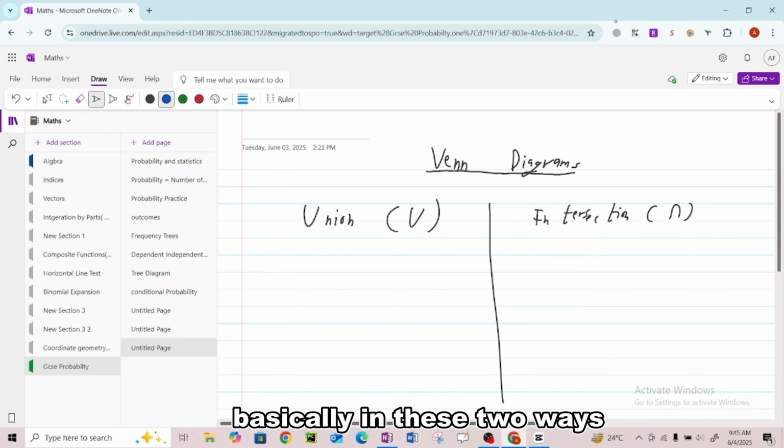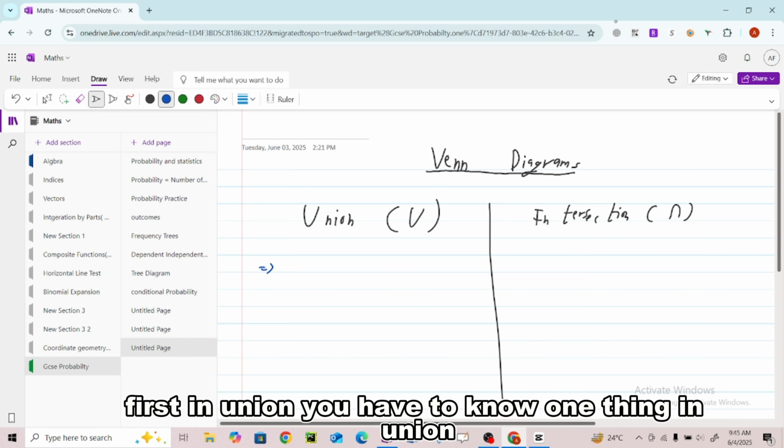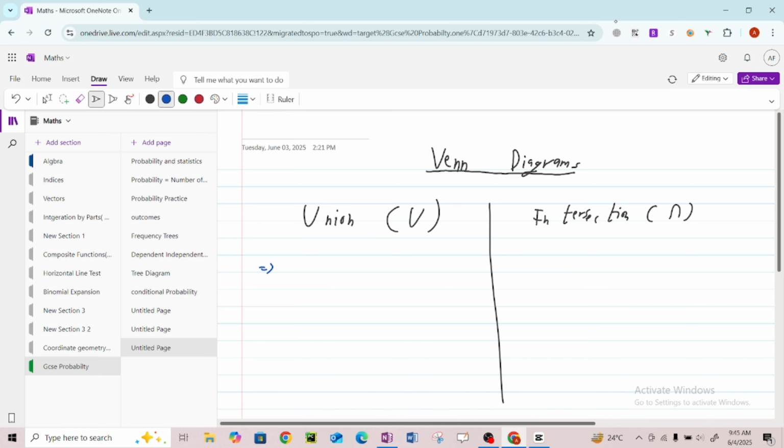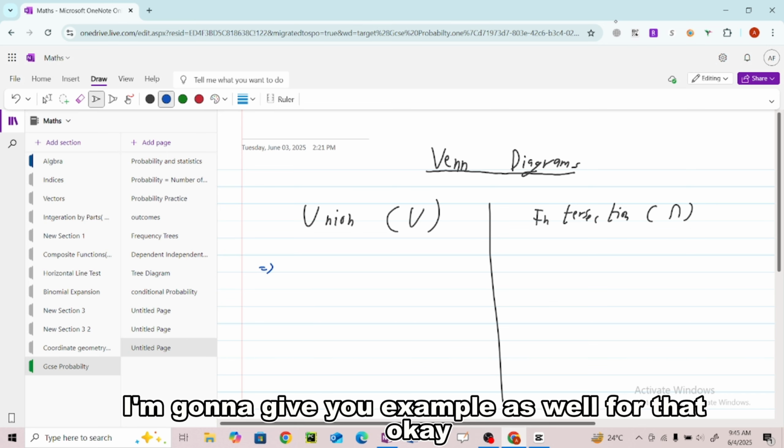Now, in these two ways, first, in union, you have to know one thing. In union, we have three different types of how you can solve the union Venn diagram, and I'm going to give you examples as well.